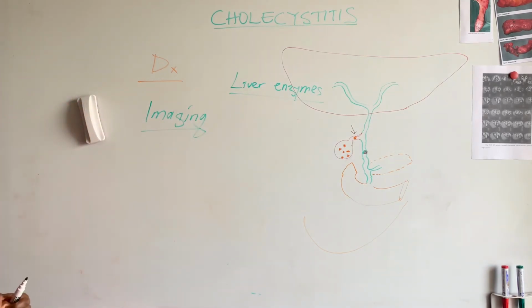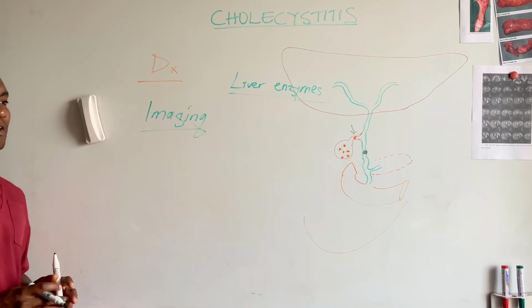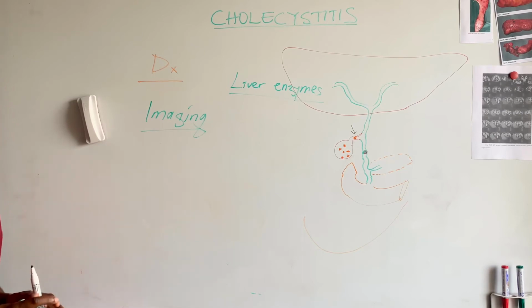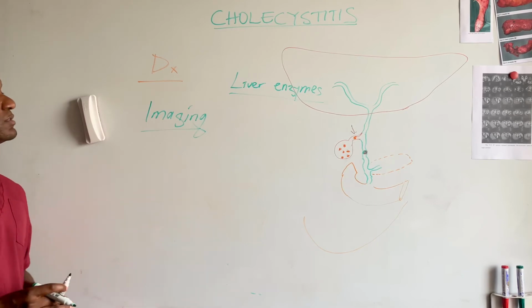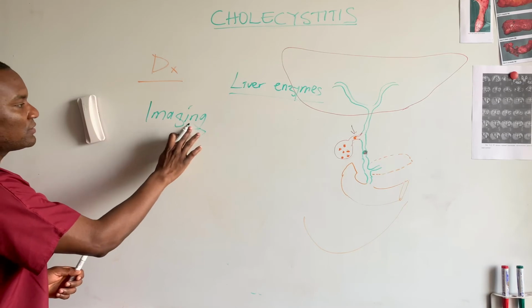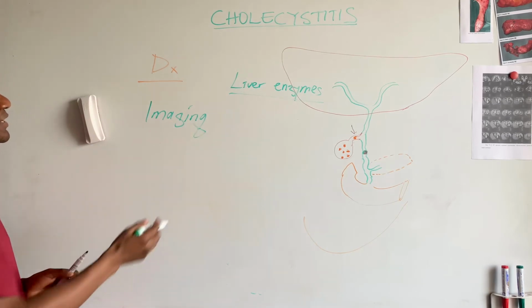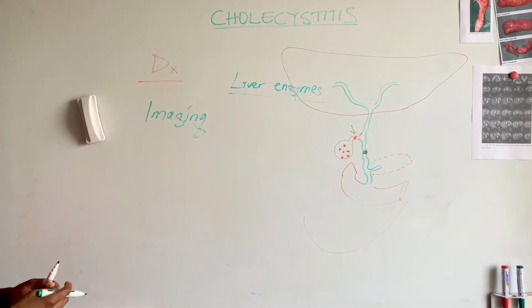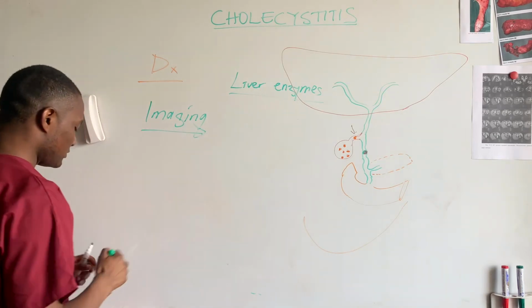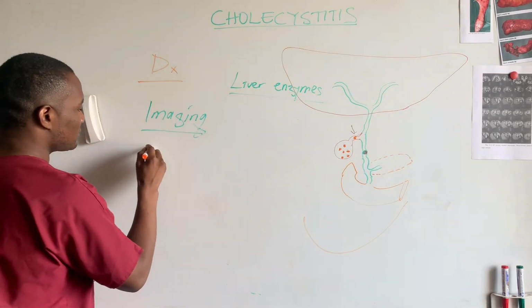Always have it at the back of your mind that in the clinical setting, we always try to start from the least invasive, the least traumatic, and the most economical diagnostic techniques. In the case of cholecystitis, we will start with ultrasound.